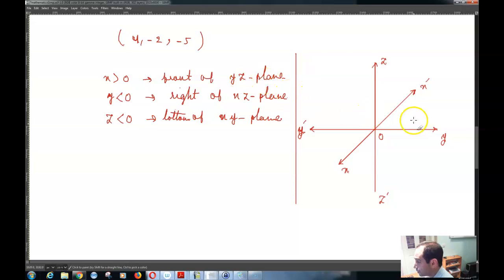So the front of the YZ plane, and then to the right of the XZ plane, no, this is the left. I apologize for this.